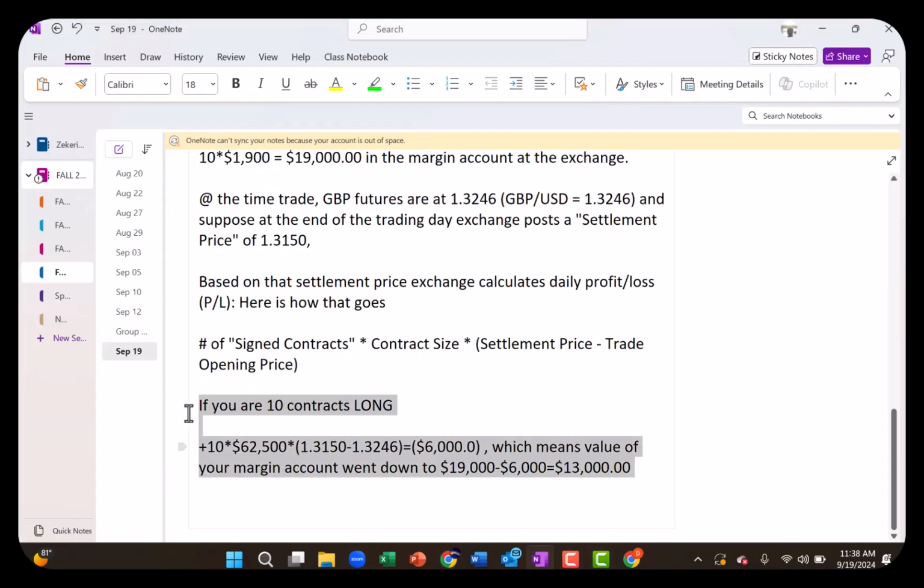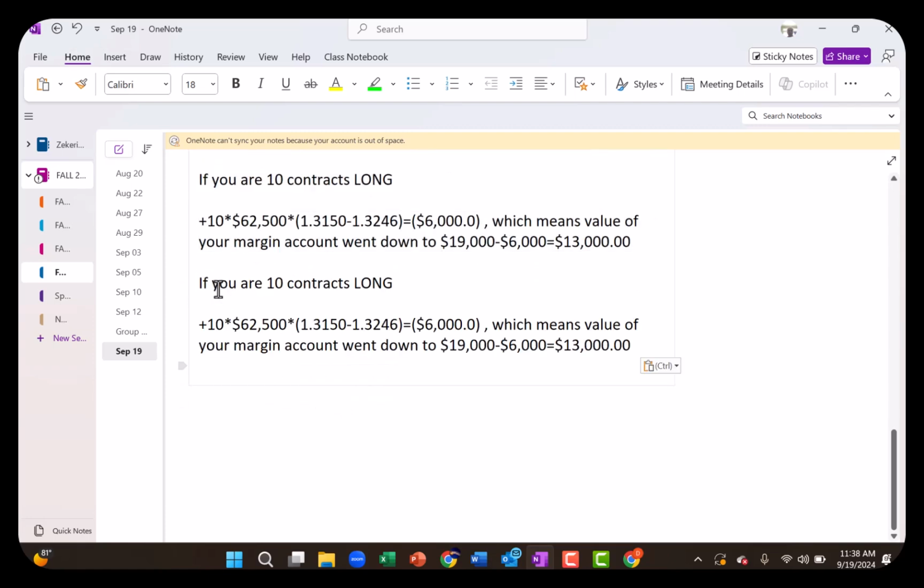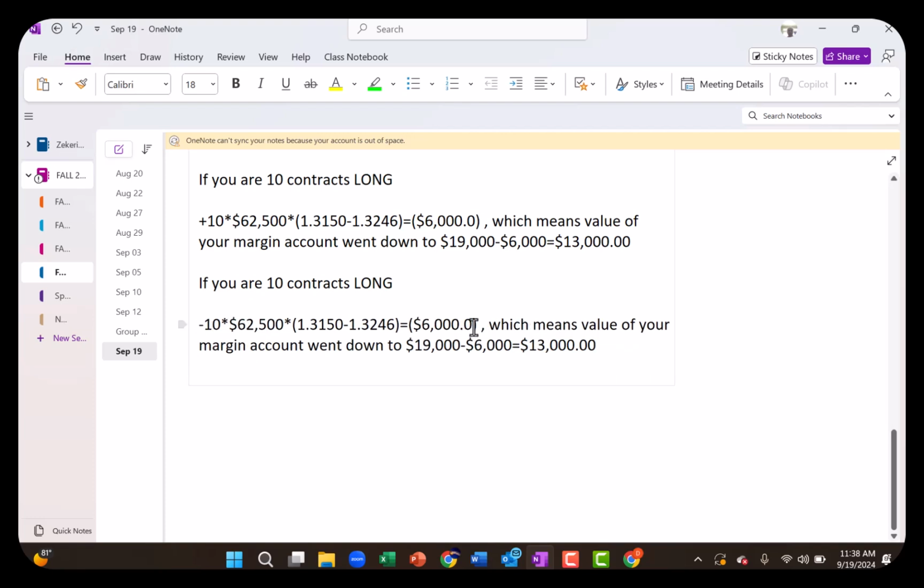On the other hand, let's calculate what goes on if you have a short contract. Of course, minus 10. I should not even have to calculate this, but you actually made $6,000, which means your margin account went up to $25,000.